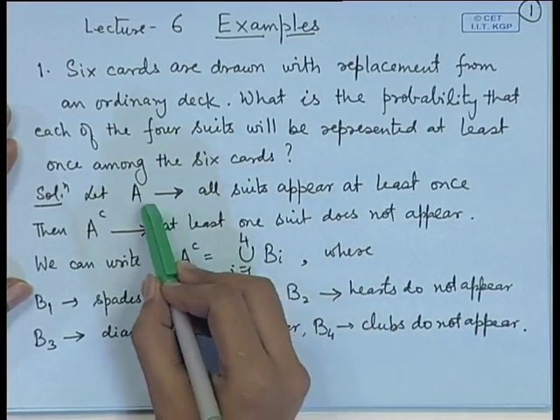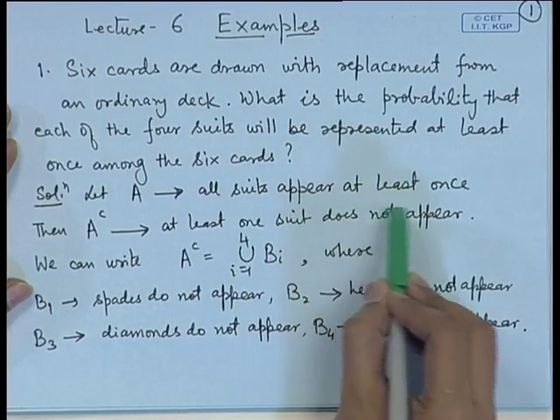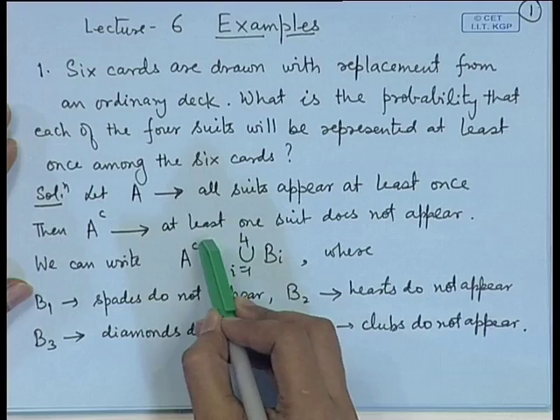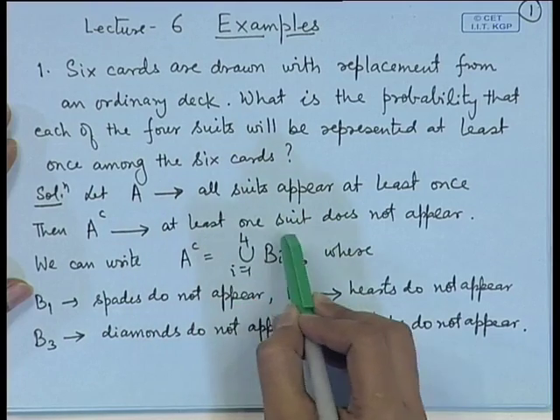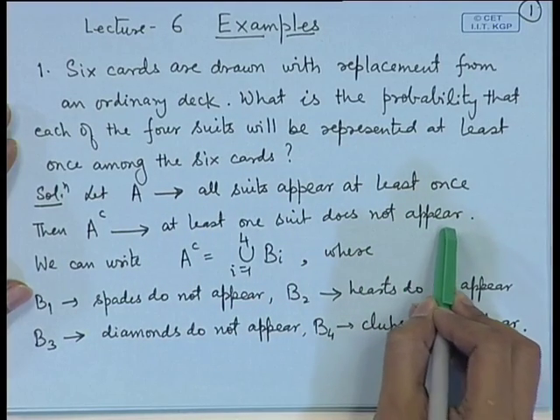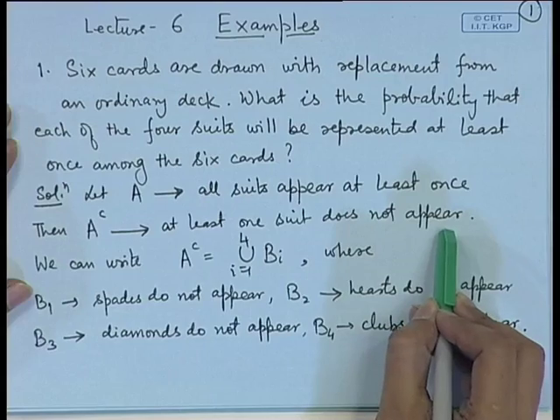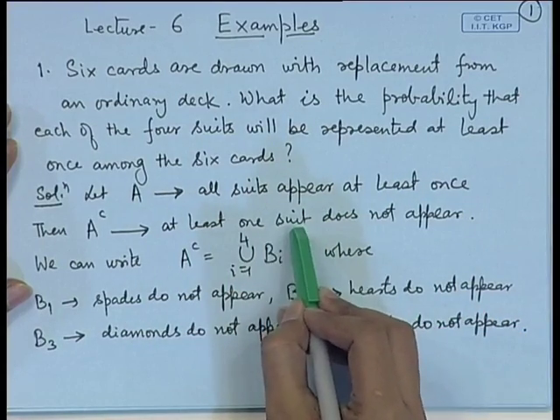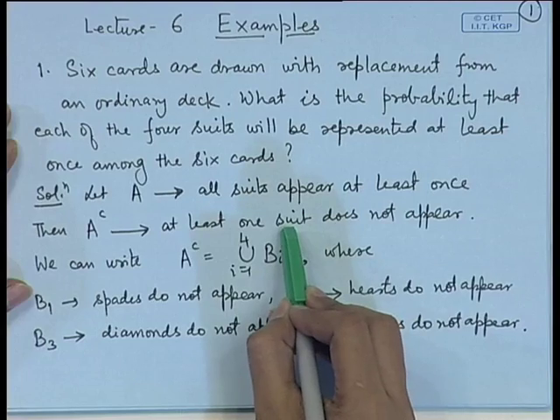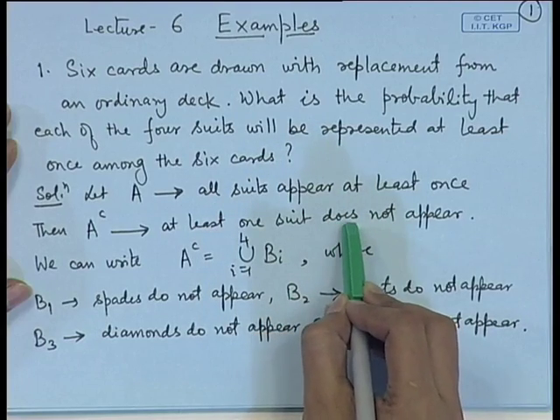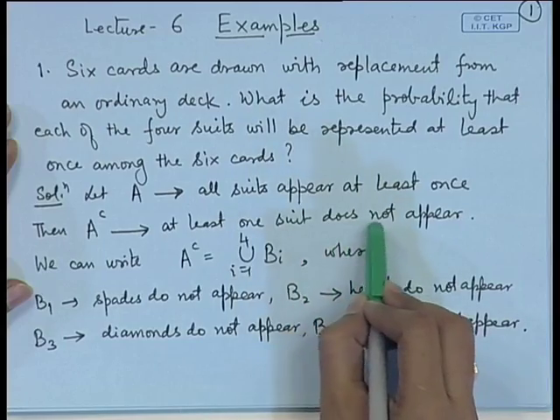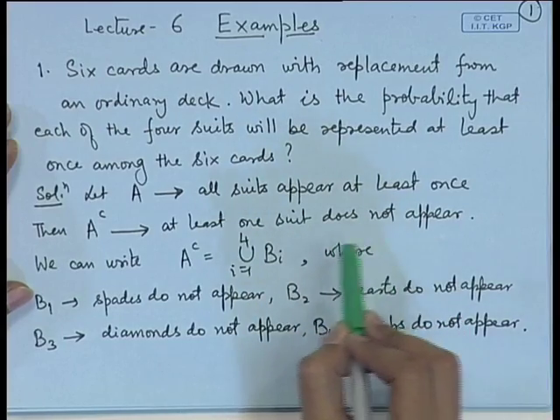Let us consider the event A as that all the suits appear at least once. Then A complement denotes the event that at least one suit does not appear. Now, if we try to decompose it directly by saying exactly one suit does not appear, exactly 2 suits do not appear, exactly 3 suits do not appear, then once again it is going to be a complicated event.